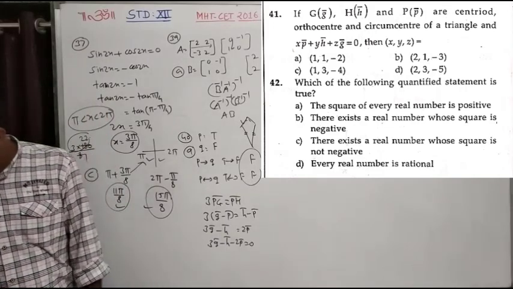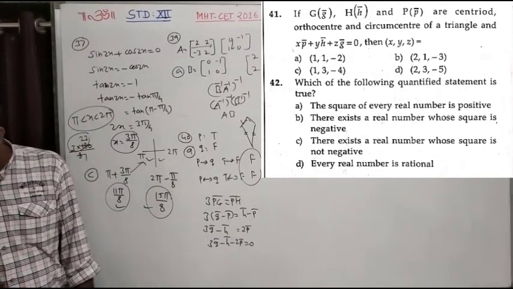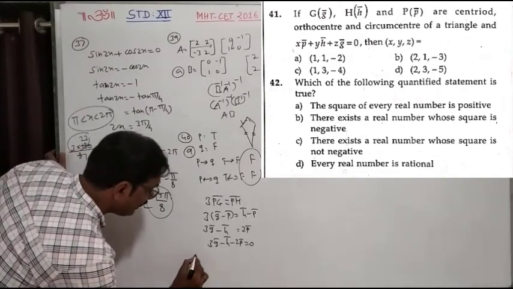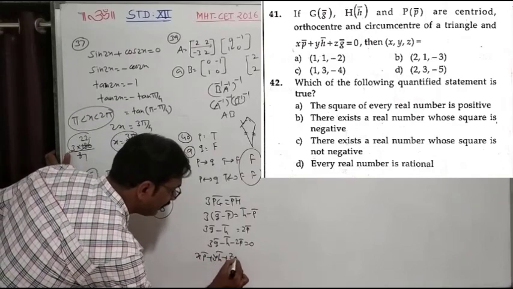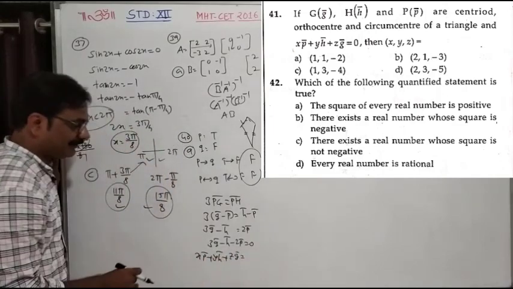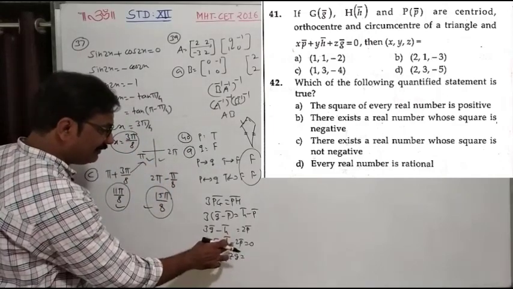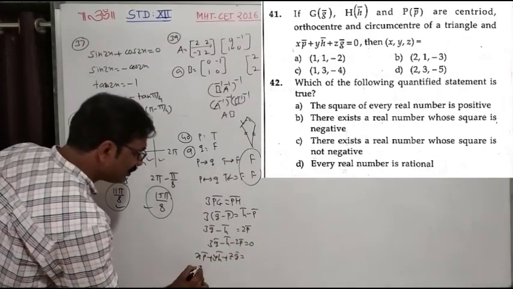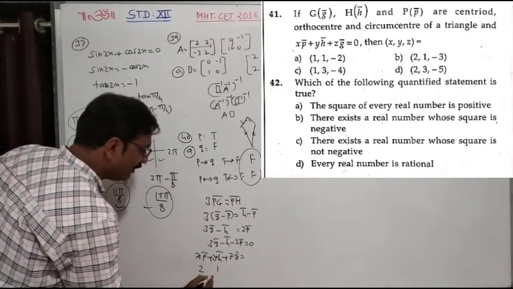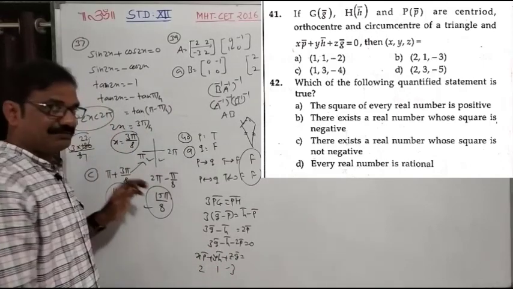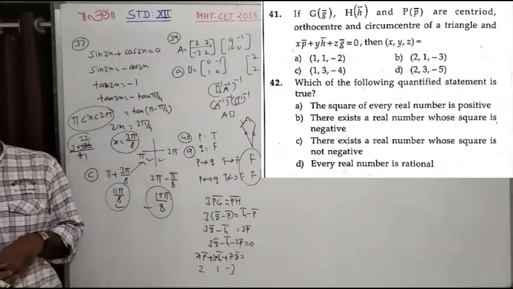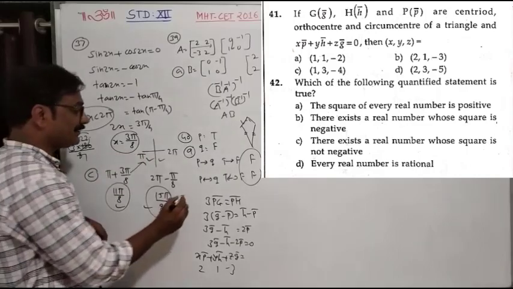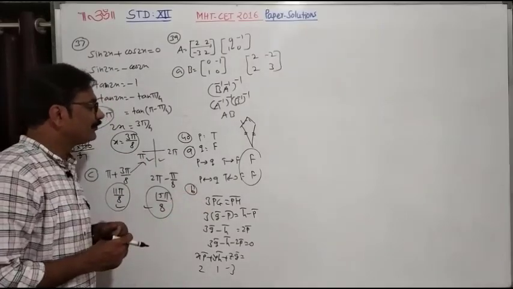You need the coefficients of xp bar, yh bar, zg bar. xp bar, if you change that, it will be 2. h bar, it will be 1. It will be minus 3. That also works. So 2, 1, minus 3. That is your option. Option number B.